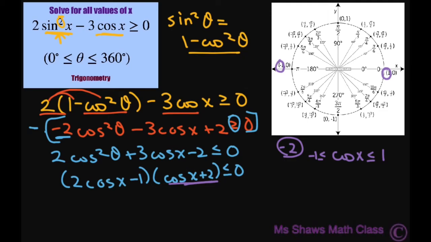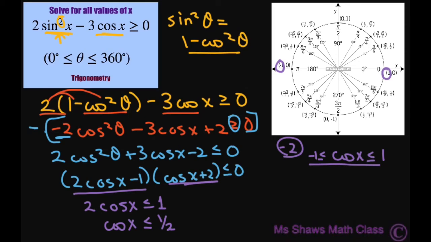Therefore, we're going to disregard that and just use this one. We're going to have 2 cosine x is less than or equal to 1. So cosine of x is going to be less than or equal to 1/2.